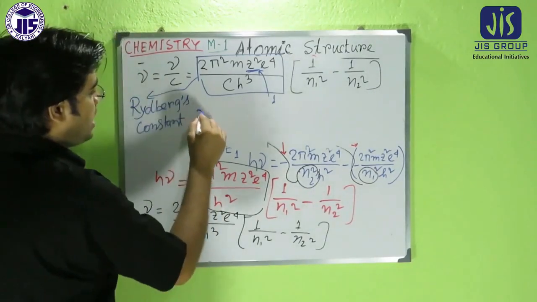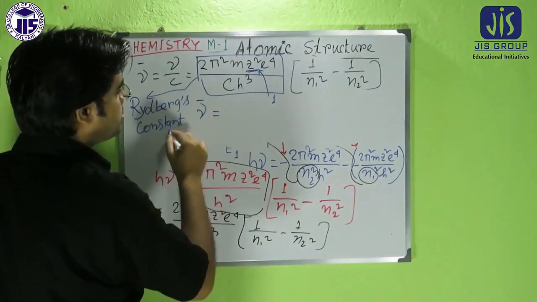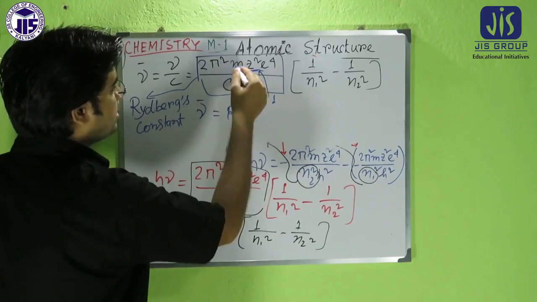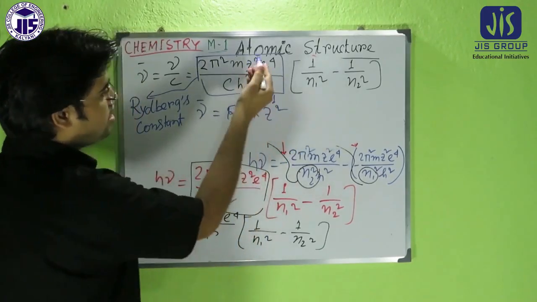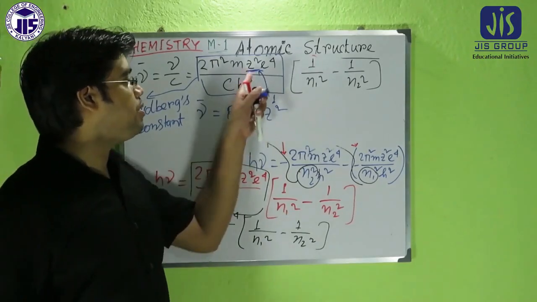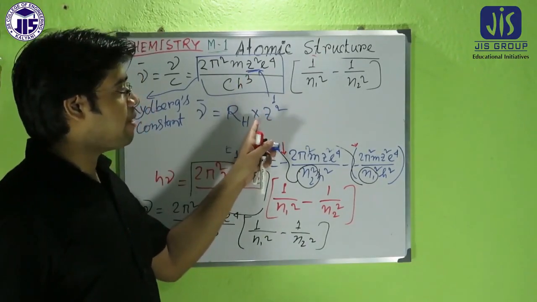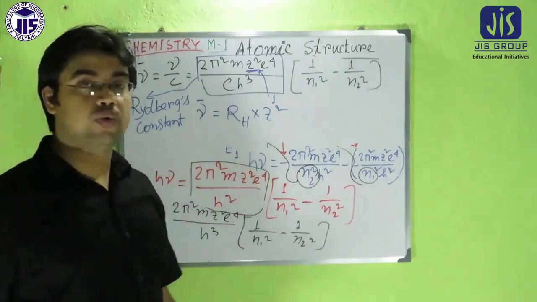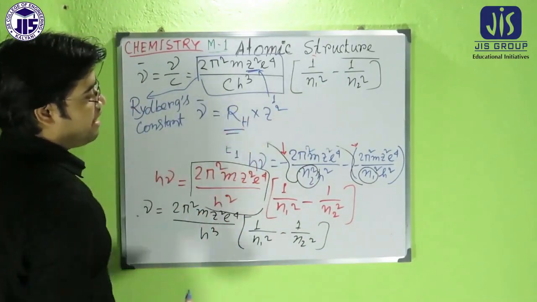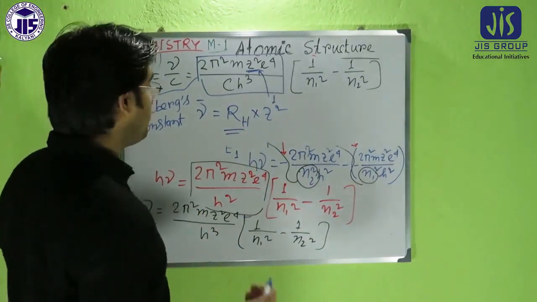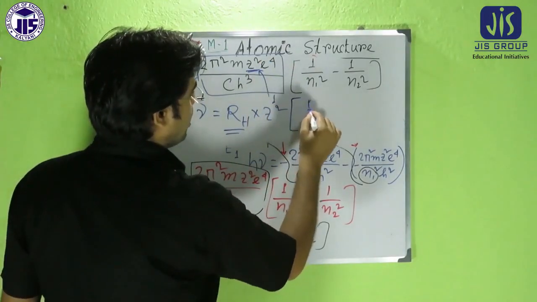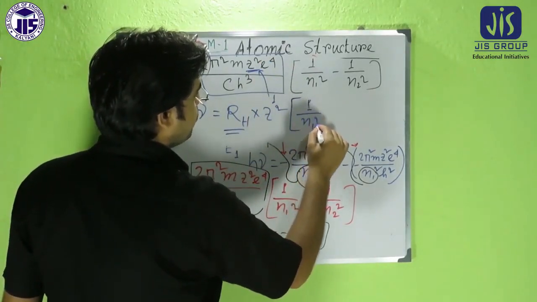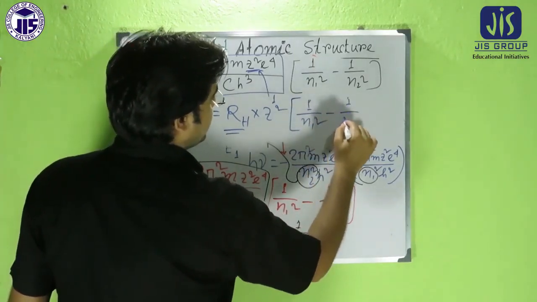So the equation reduces to nu bar equals the constant for hydrogen, and then z square, as the atomic number of hydrogen is 1. You have to consider the z square if you apply R, or if you consider R normally, then it's okay, R goes on the other side of the equation. So 1 by n1 square minus 1 by n2 square.